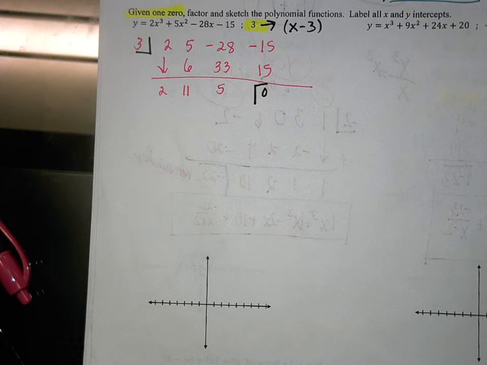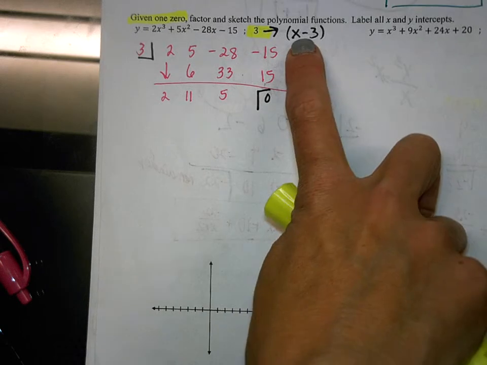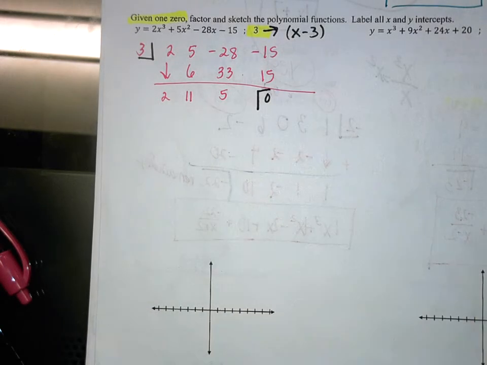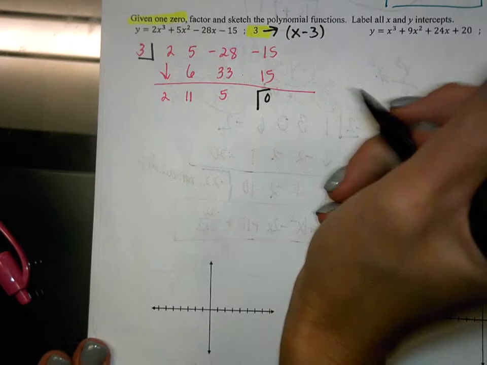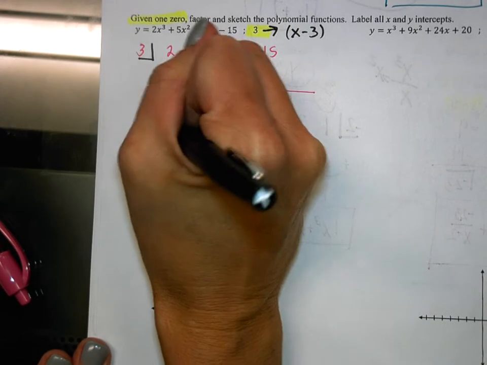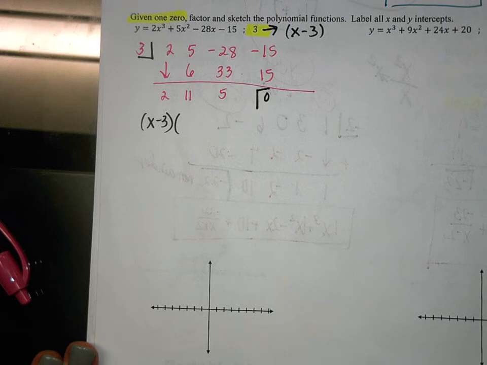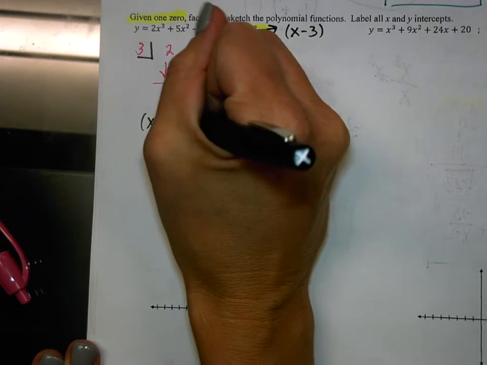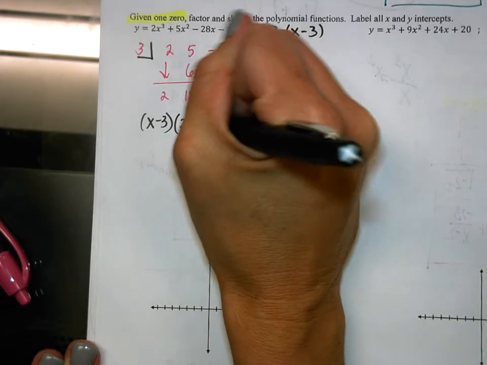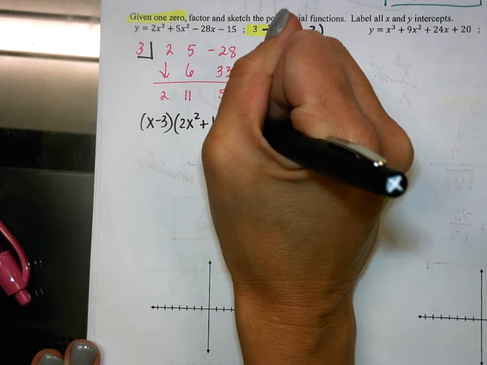So, because I need to write each of my factors, this is one of my factors. We write this as x minus 3, and then my other parenthesis is going to be 2x squared plus 11x plus 5.